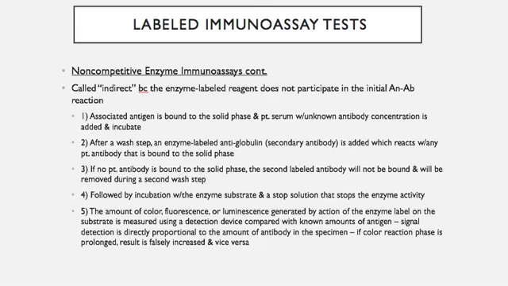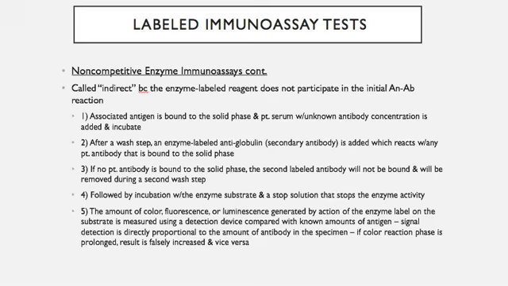An enzyme labeled antiglobulin, which is a secondary antibody, is added, which reacts with any patient antibody that is bound to the solid phase. So if no patient antibody is bound to the solid phase, the second labeled antibody will not be bound and will be removed during a second wash step.